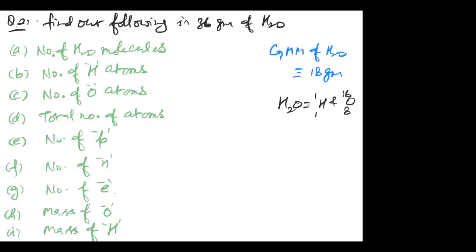So we have 2 atoms of hydrogen per molecule and obviously 1 atom of oxygen. So the gram molecular mass of water is 18 grams, so you can say 18 gram per mole.